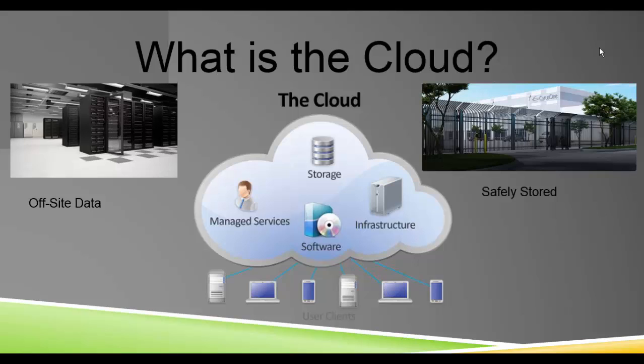So cloud is basically what Fortune 500 companies have been doing for several years. You see the building on the right. It's a data center. It's where corporates have been storing their data. On the picture on the left, these types of racks with fancy equipment and tons of hard drives and storage space and enormous amounts of resources in a climate-controlled environment and highly secured and heavily fortified environment.